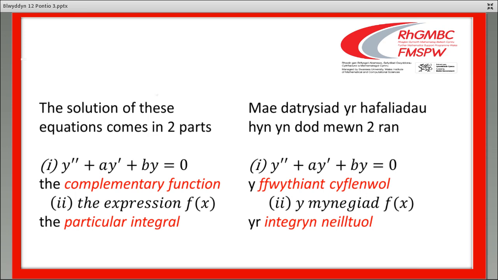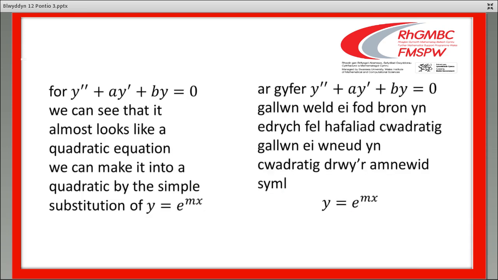a quadratic equation. y double dash, y dash, y to the no dash. And we need to think about how am I going to turn this function, y double dash plus a y dash plus b y equals 0, into a quadratic. Now, the way in which you do that is by making a simple substitution, and that substitution is y equals e to the power of mx.